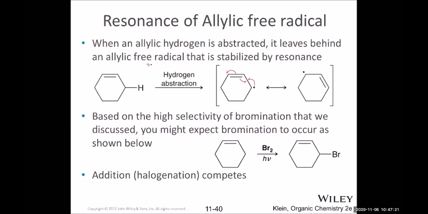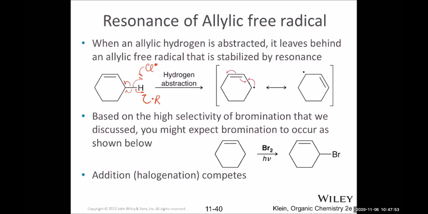It can be a chlorine atom that takes it away, or the radical takes away the hydrogen, or some other atoms, some other ions. Whatever radicals are here can take it away. Either way, it gives us a radical, and this radical is stabilized by the double bond through resonance.